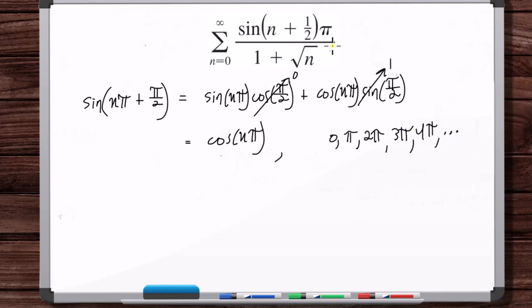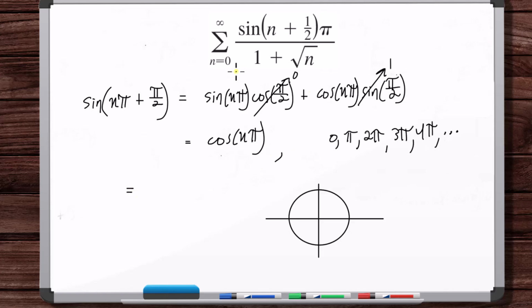All right, if we think about the unit circle, cosine of 0 is 1, pi is minus 1, 2 pi is 1, 3 pi is minus 1, 4 pi is 1. So this is alternating between 1 and minus 1, cosine of n pi.